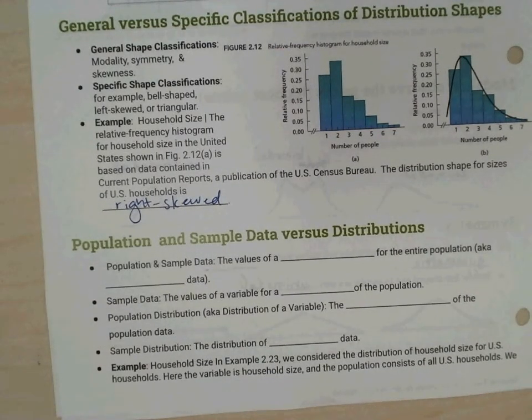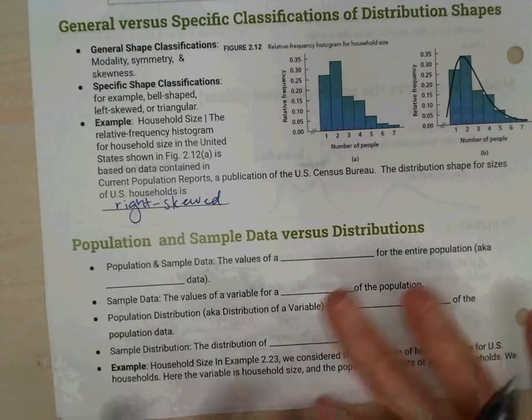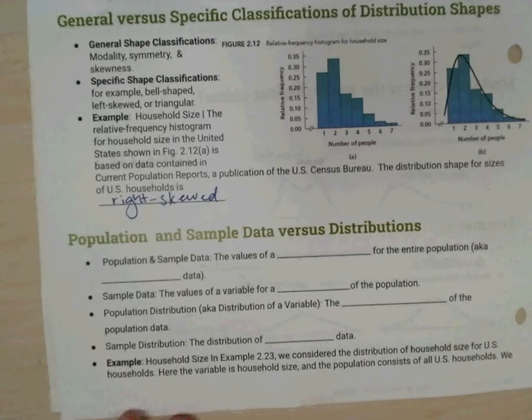Last section, population and sample data versus distributions. This is maybe going to blow your mind a little bit. It can feel like you're seeing the same words in different ways, and it all starts to feel jumbled.